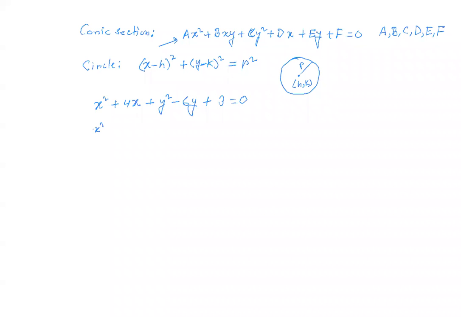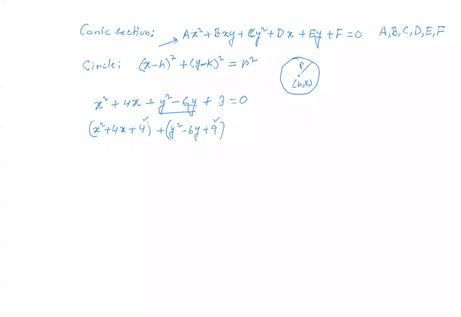x square plus 4x plus 4. You'll see what I'm doing. Plus y square minus 6y plus 9. So x square plus 4x, with that I added 4. Y square minus 6y, I added 9 to it.